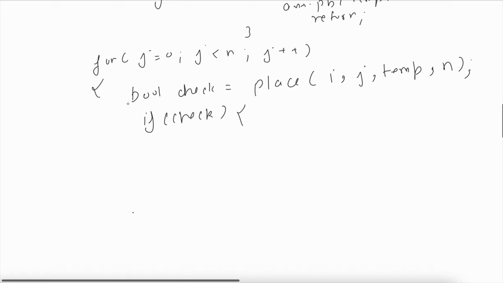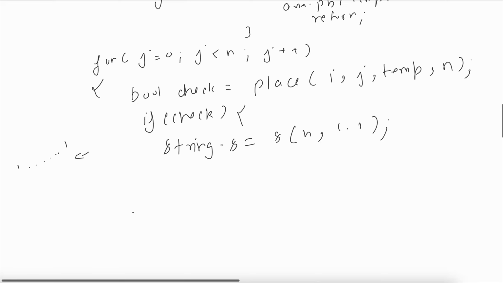Then I will have a string which will represent that row. It is basically dot dot dot dot, n times.